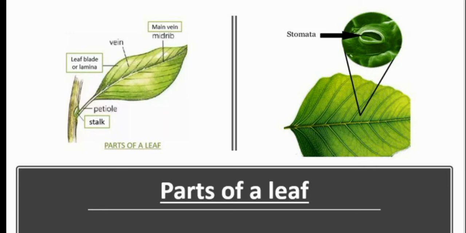So the stomata help the leaf to take in carbon dioxide and give out oxygen.